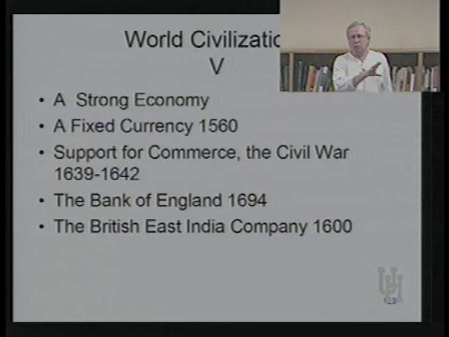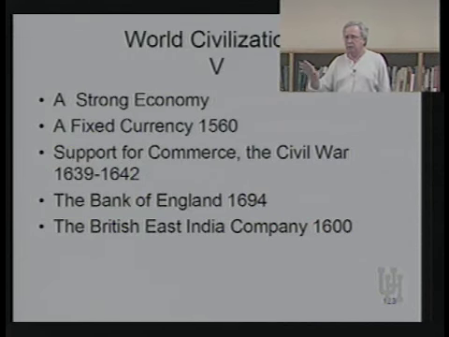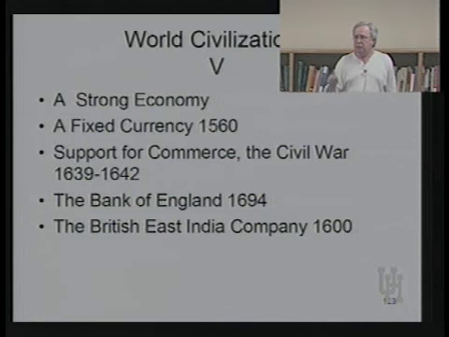So both landowning groups and merchant groups with aggressive strategies for growth gained influence as a result of the Civil War.